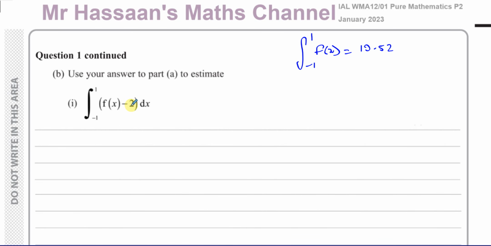So to find this area, you could think about transformations, but that will be a bit difficult here because the whole thing's moving downwards. So what you can do here is something that we know.